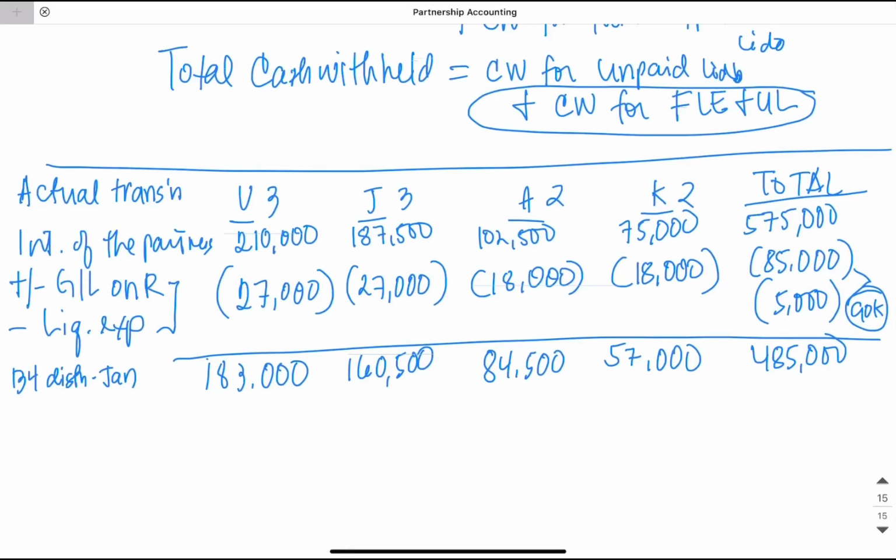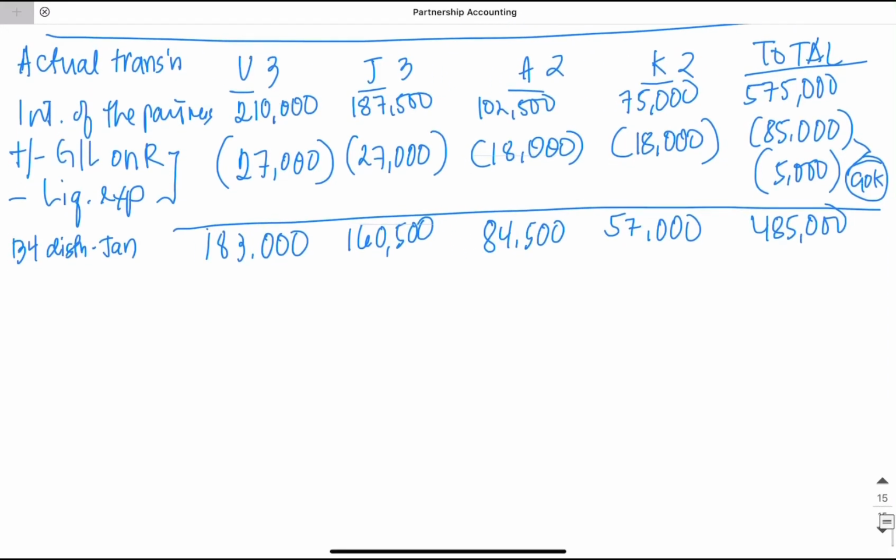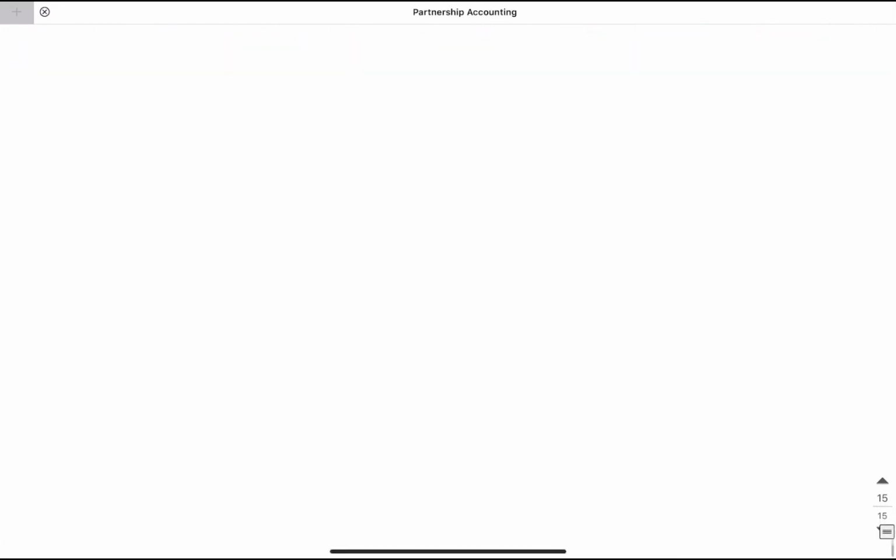Now, after accounting for the actual loss on realization and liquidation expenses, we can now prepare a safe payment schedule for the month of January. So how do we prepare safe payment schedule for the month of January? We can refer to these balances, the balances before distribution in January. Let me create another page for all safe payment schedules.